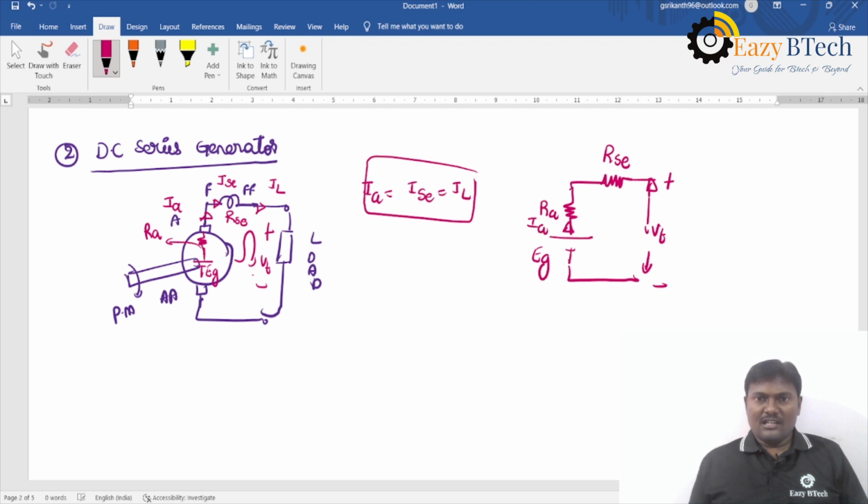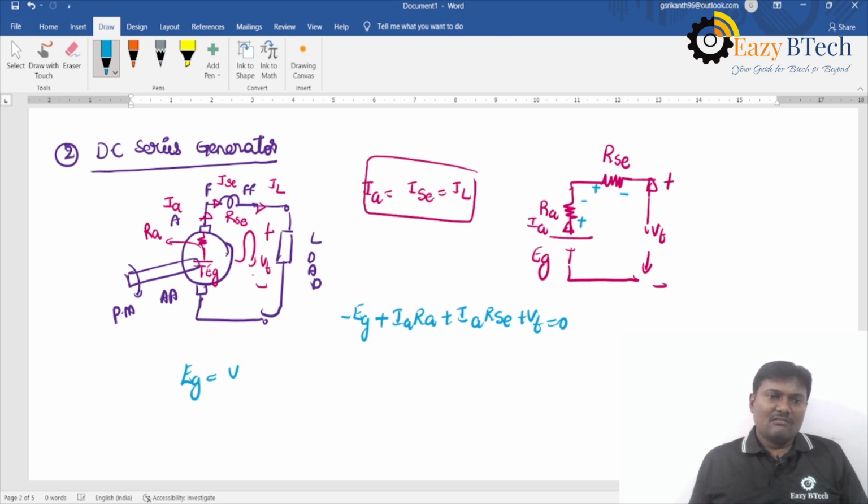The current delivered from the armature is IA. So minus EG plus IARA plus IA into RSC plus VT is equal to 0. EG is equal to VT plus IA into RA plus RSC plus brush contact drop.